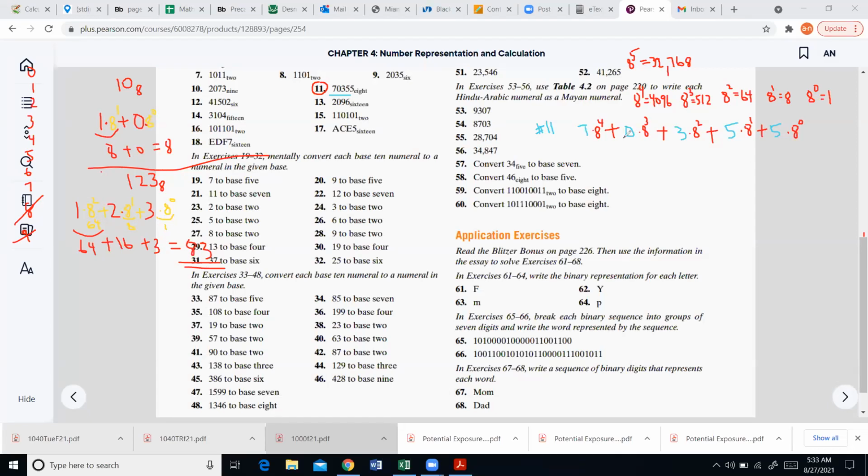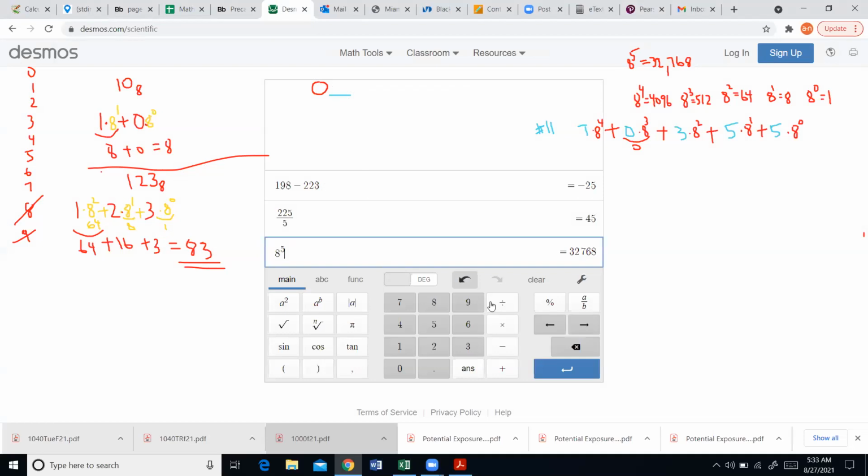Please notice that this guy is multiplied by 0, so that'd be 0. So I don't really care for it. But the rest I need to put in the calculator. I say, Alex, what if I put that 0 also in the calculator? Fine, you can do that. Doesn't matter. The calculator will take it. So my calculator is here. So let me go ahead and start multiplying. So I'm going to have 7 times 8 to the power of 4.